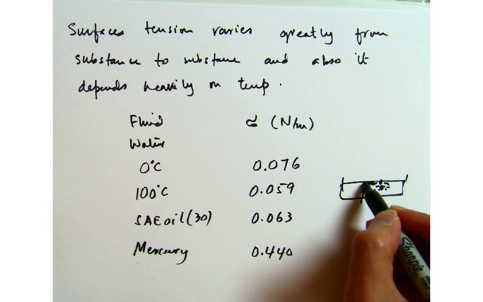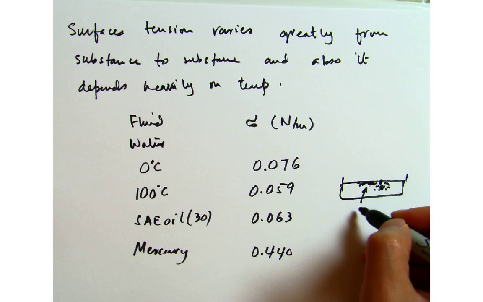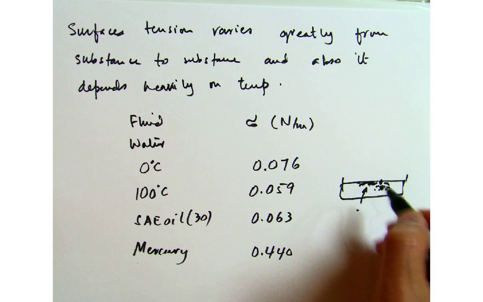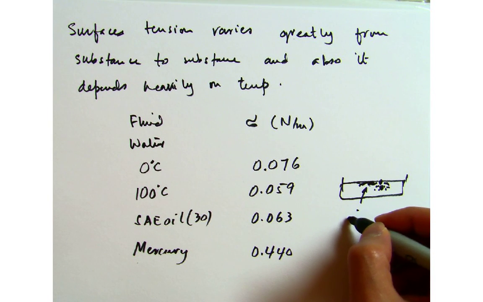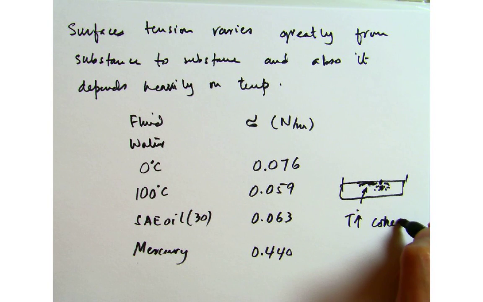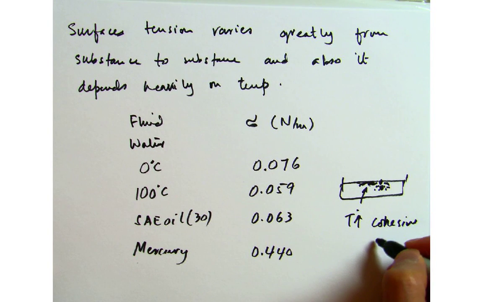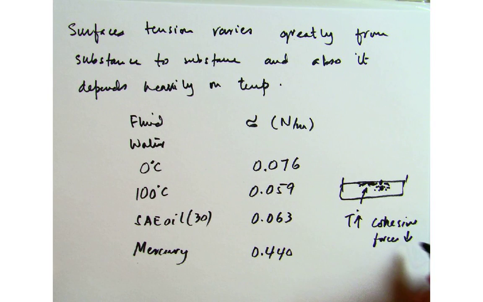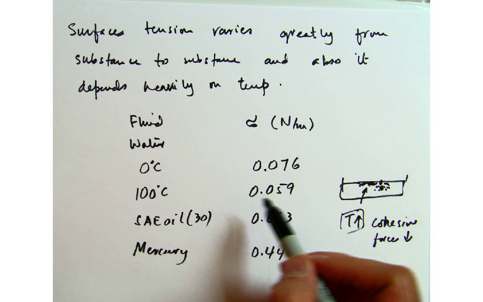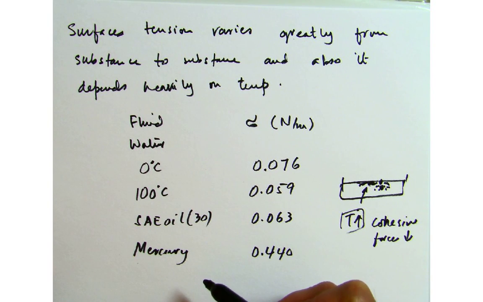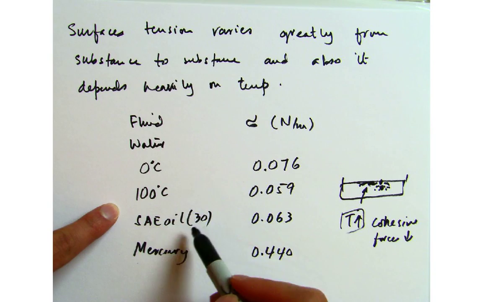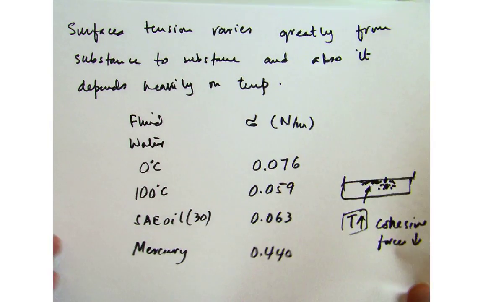So the cohesive force reduces as you increase the temperature because of the vibrational energies of the molecules. So as you increase the temperature, you basically lower your surface tension force.